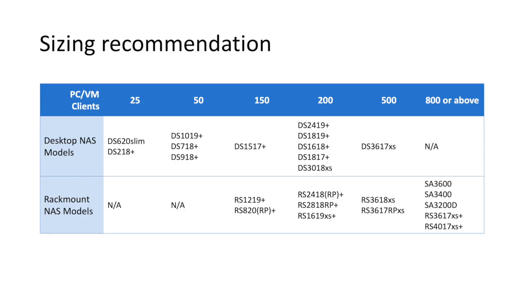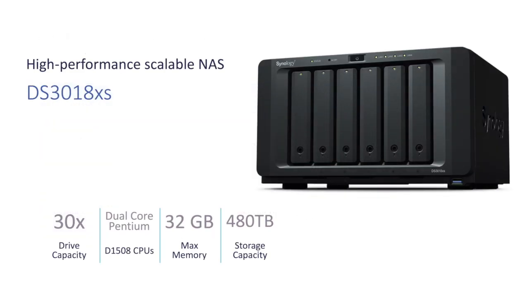So considering the PC and VM clients they had in their scenario, an ideal model for their needs would probably be a desktop NAS, with them being an SMB, and totaling about 200 clients per branch. I think our DS3018xs model would be perfect for their needs, giving them the scalability that they require, going up to 30 drives, as well as being able to raise the memory and storage capacity to very high numbers.